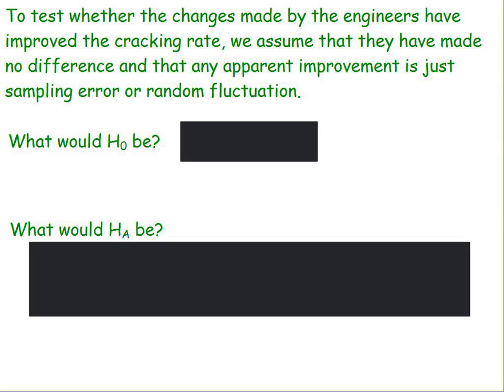So our original hypothesis, H sub 0, is based on the original percentage cracking rate. If you go back and look at that first slide, it said that in one plant, only about 20% of the ingots were cracked. That 20% is what we are using for our original hypothesis.